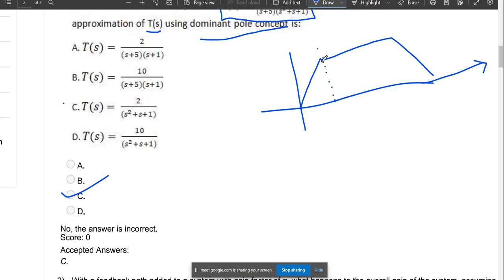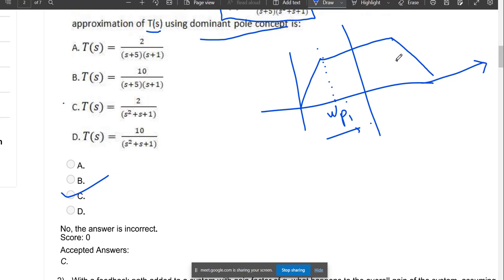Here, due to this pole, omega p1, the function which was going like this suddenly became constant, something like this, right? So this is the dominant pole. Similarly, this is for low frequency response.